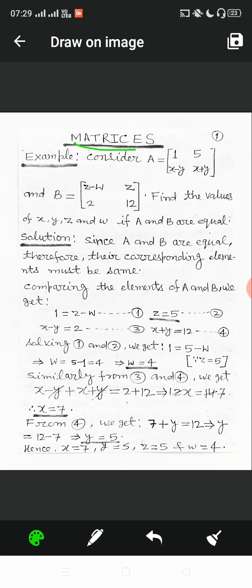And the second condition: each element of A is equal to the corresponding element of B, that is aij is equal to bij for all i and j.